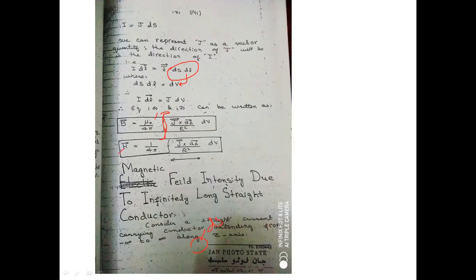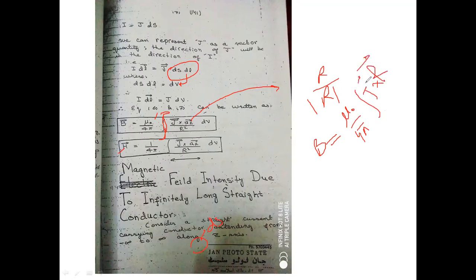This is the magnetic field intensity, integral of J cross a_R over R squared dv. If you want to replace this a_R, you can write it as R over |R|. From this, the expression will be converted to B equals mu naught over 4 pi integration of J cross R divided by R cubed dv.